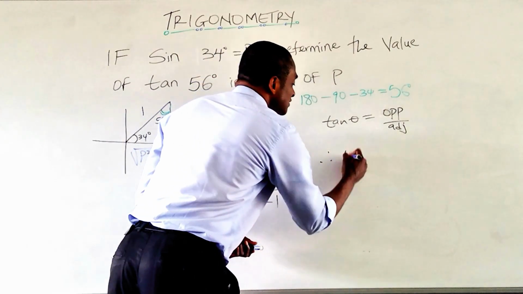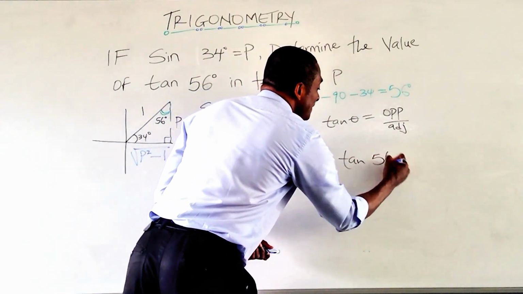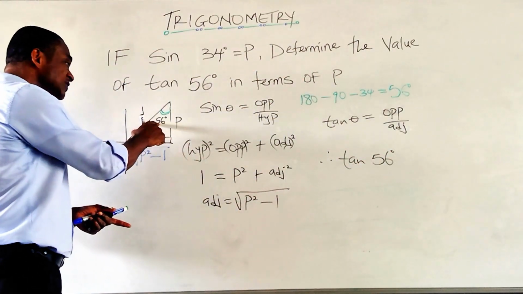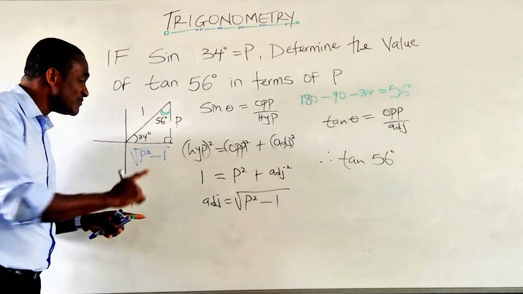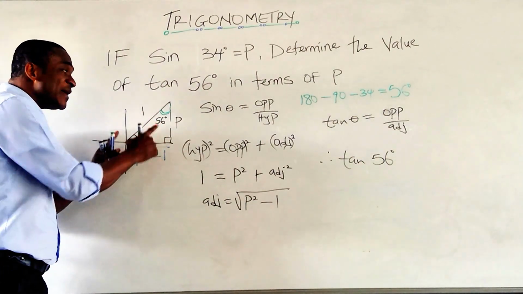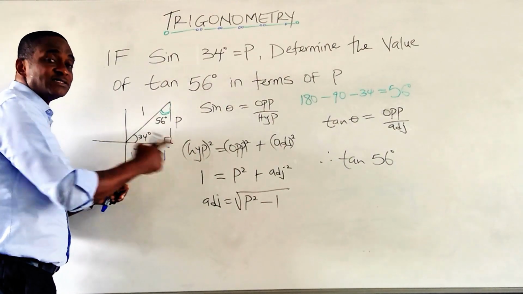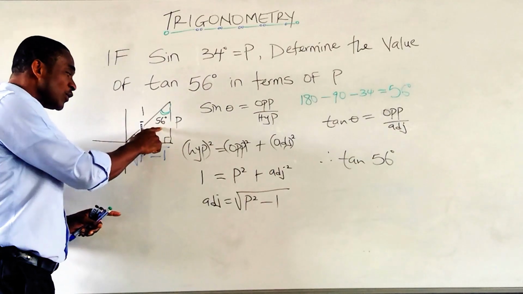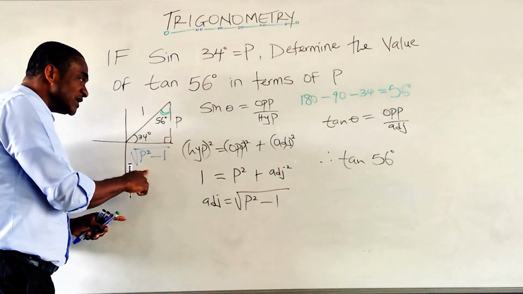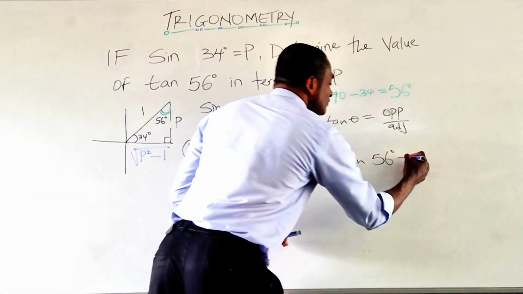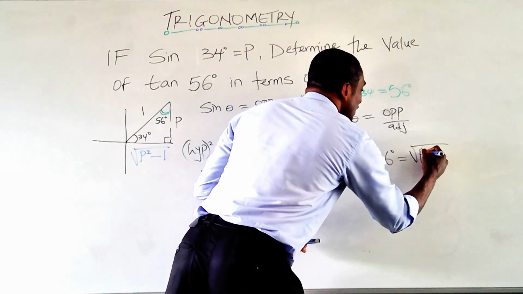Tan of 56 will be then opposite over adjacent. Remember, it's not the opposite of 34, but the opposite of the angle we are dealing with against the adjacent of the angle we are dealing with. The opposite of the angle we are dealing with is the square root of 1 minus p squared.